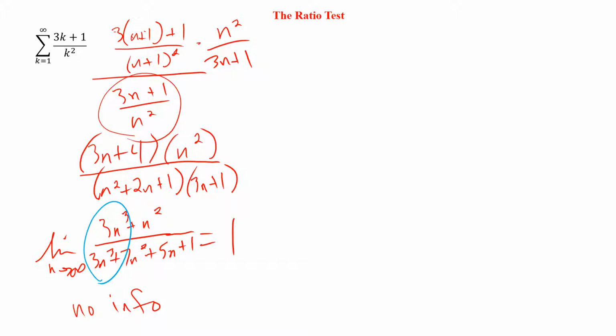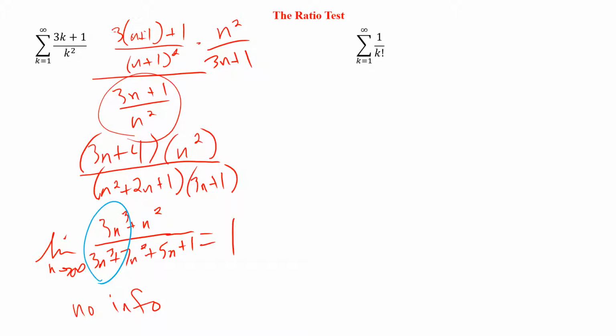We'd have to use a different test. We can actually use a comparison test with this one to the harmonic series to find out that it actually diverges. But that's something we've done in the past. But from here, you divide by n cubed, and then it cancels.